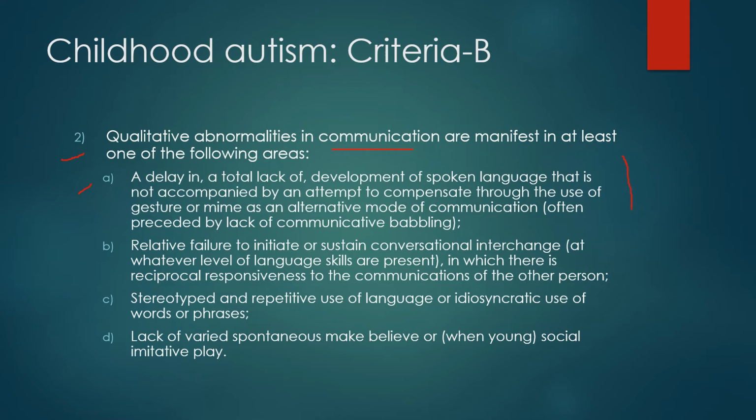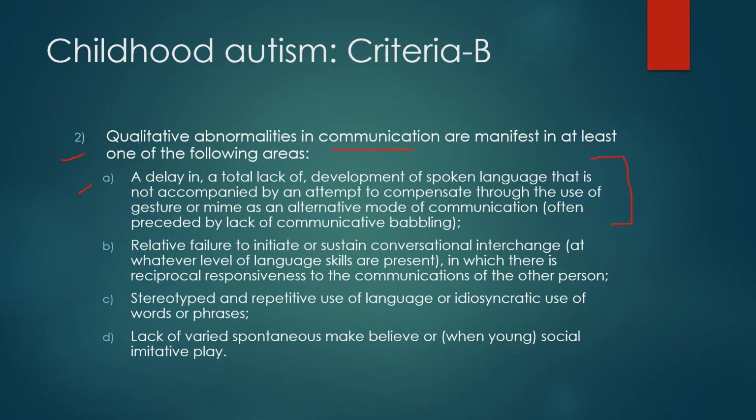Remember, autism starts before the age of 3, and because it's a pervasive developmental disorder, that means the symptoms are present in all situations, and they affect the growing up, the development of the person.